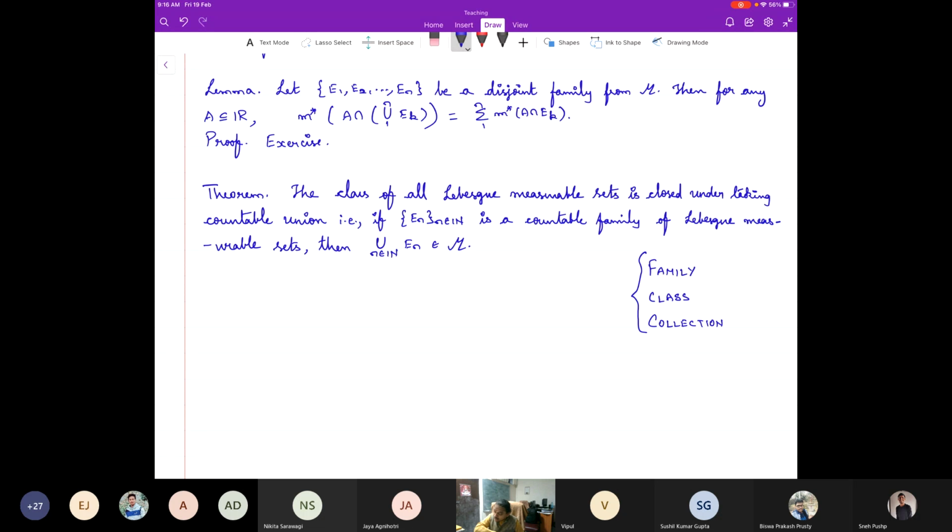Throughout the course, I'll be using these three terms again and again with the same meaning. Family, class, collection, they differ actually. So let's now get into the proof.